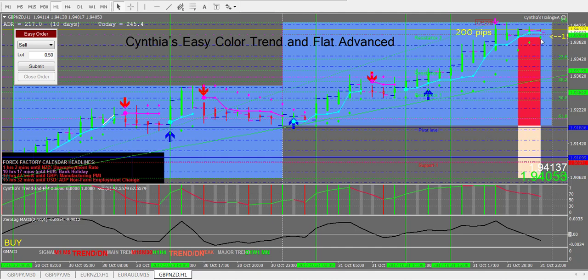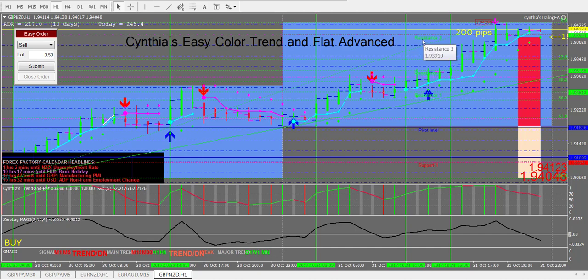So we've reached the high of the day. We don't know what's going to happen tomorrow, but if I had been in any of these buy trades, this would be the area where I would get out, because the price is hovering right around this major key level, 1.9400, plus it's at resistance 3. So you have 3 resistance areas: resistance 1, resistance 2, and resistance 3.